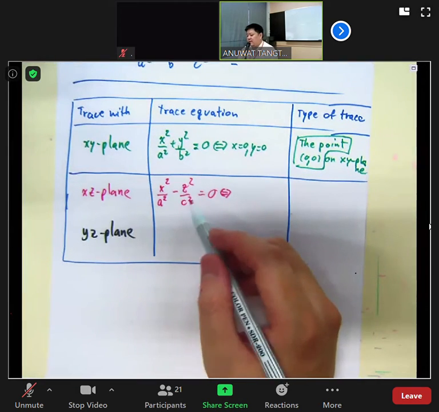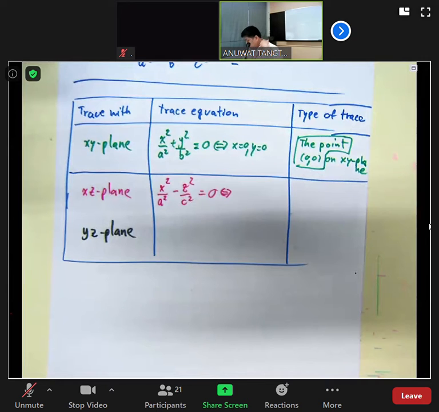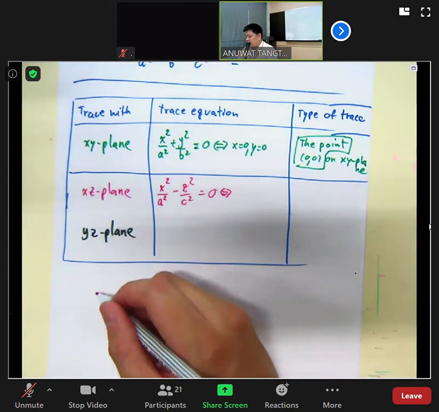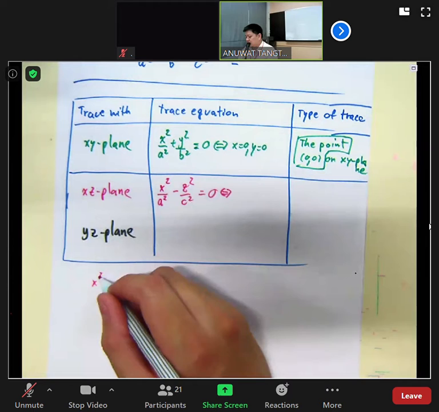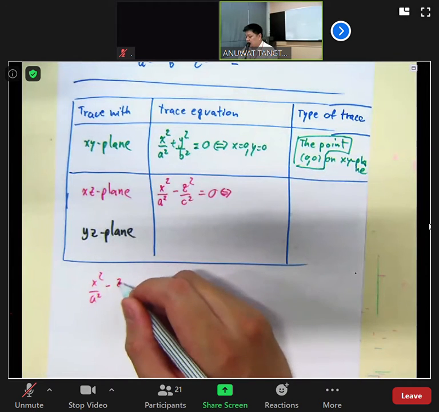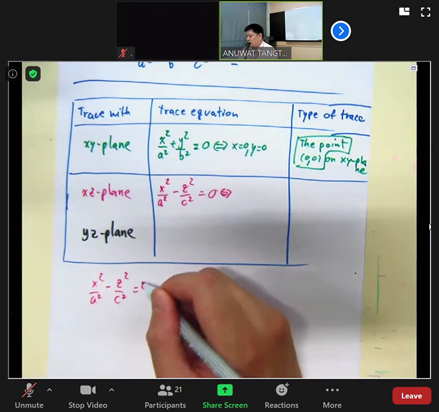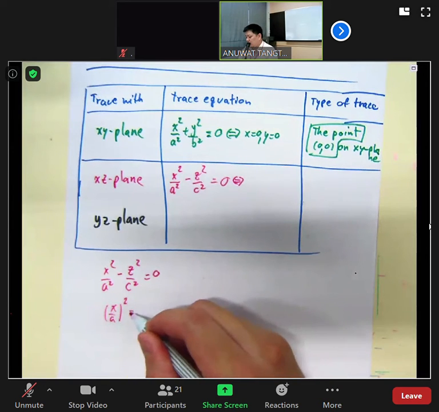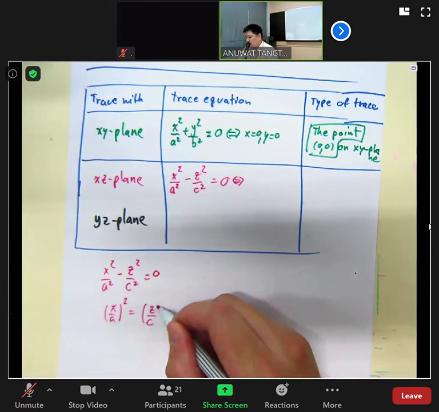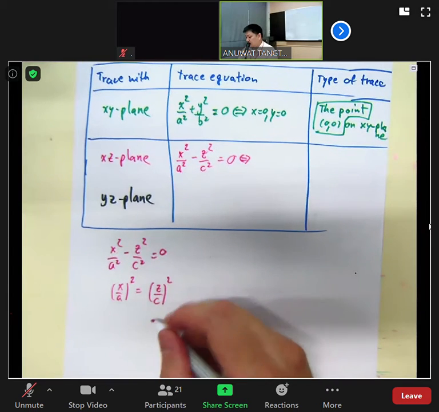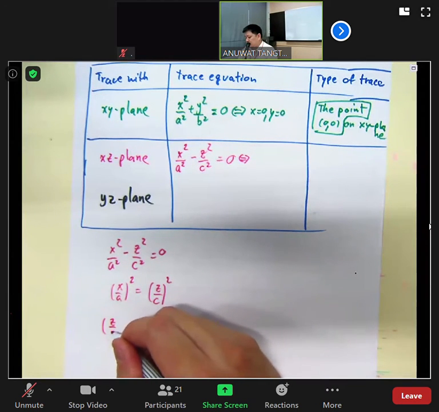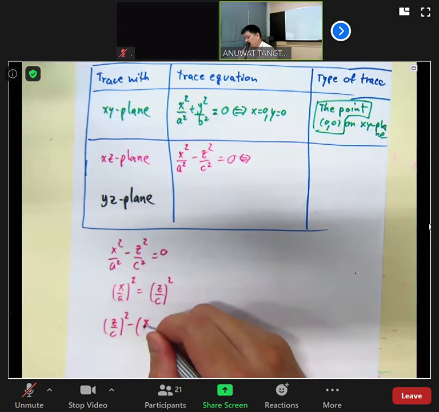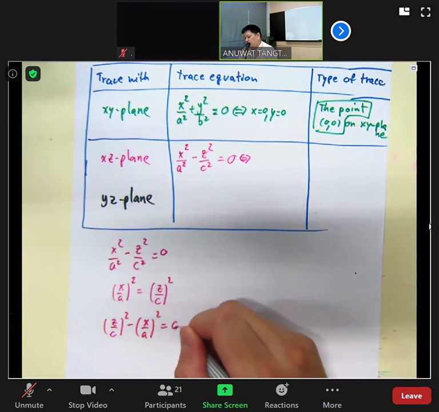When we have this, we can think of x squared over a squared equal to z squared over c squared. Or in other words, z squared over c squared minus x squared over a squared equal to 0.